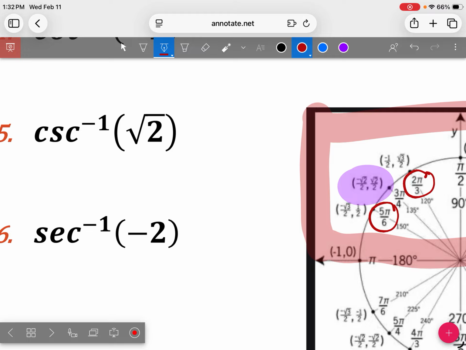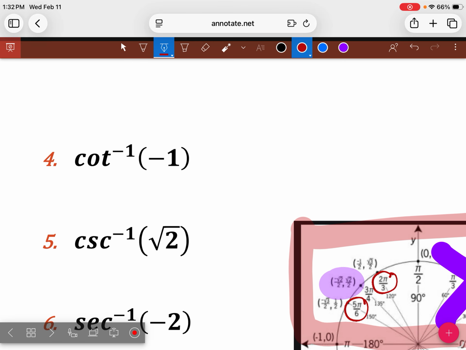So how do we find cotangent? Is it y divided by x or x divided by y? Let's test 2 pi over 3. If when we divide it we get -√3 over 3, that means that's my answer, 2 pi over 3.